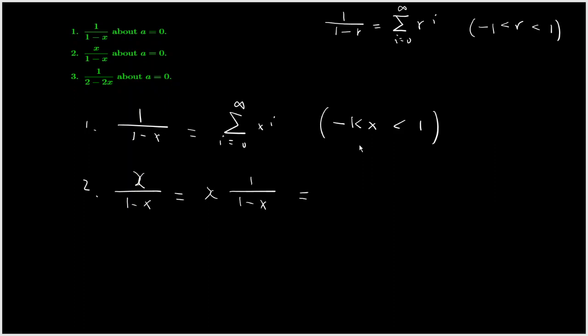Now, the second factor, 1 over 1 minus x, can be represented as a power series. You have x times the power series, the sum of x to the power of i from 0 to infinity, right? The next important thing I want you to know is it's permissible to multiply x into all the terms.